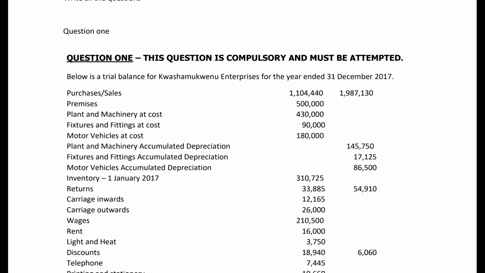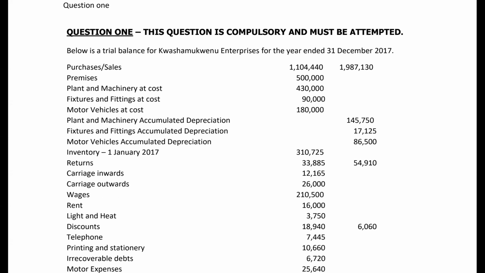So the discount received, have you seen that it is on the credit side? 18,940. It is on the credit. That is the discount received. I was just validating what I told you so that you understand.